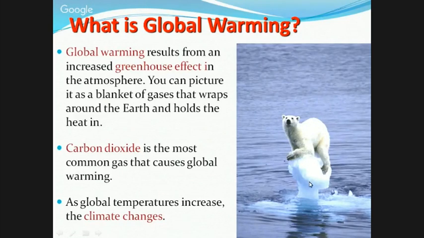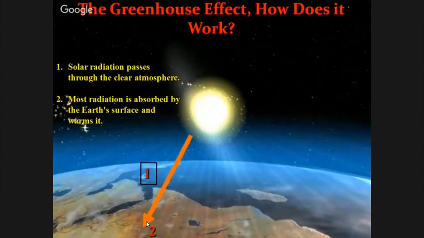It is just a picture which depicts what can happen. Carbon dioxide is one of the most common gases causing global warming, and because of global warming we are experiencing an increase in temperature and change in the climate. This picture depicts how greenhouse gases have an effect.